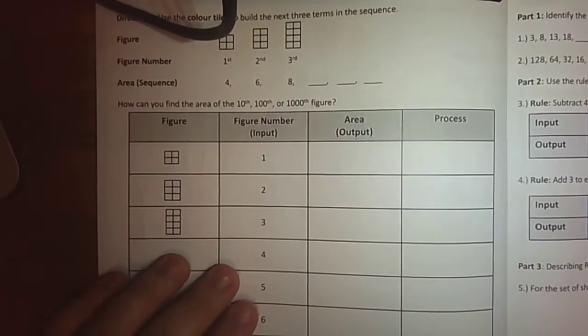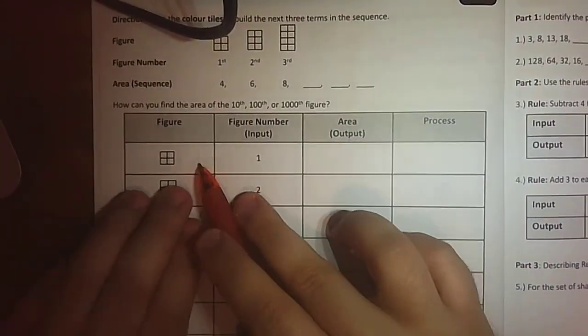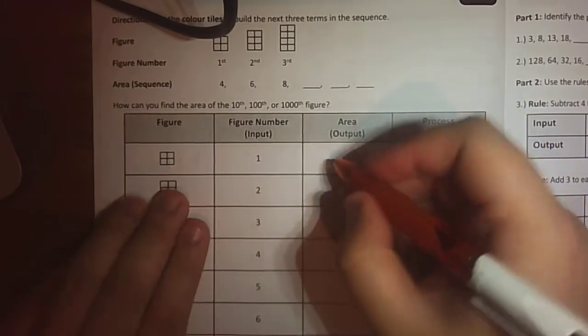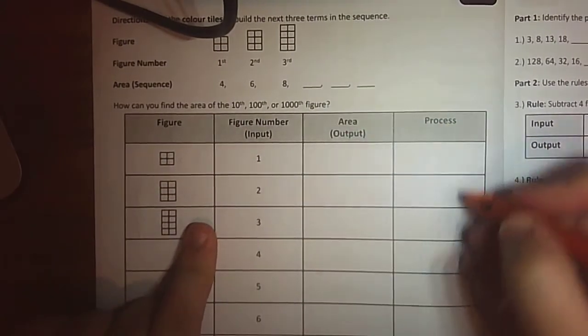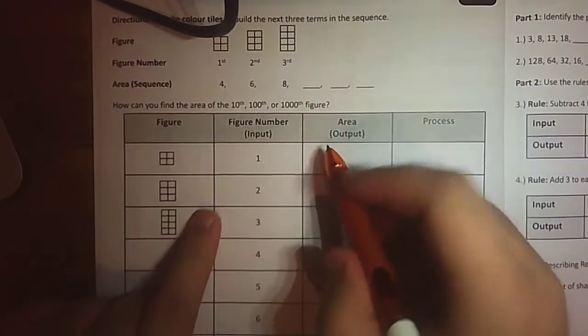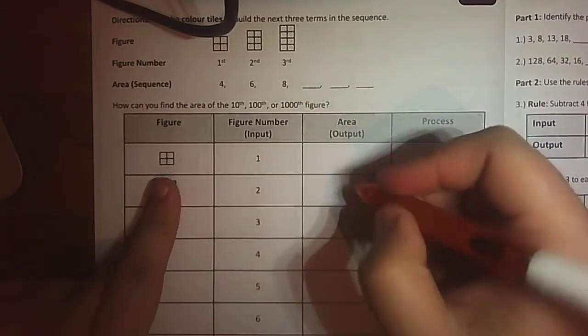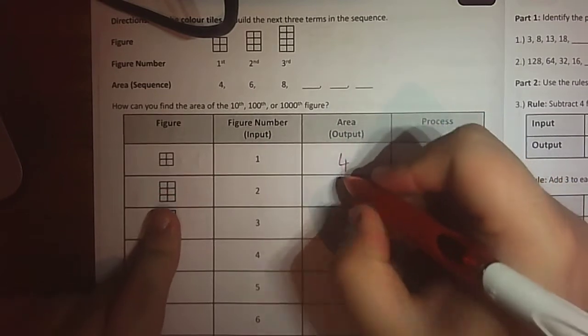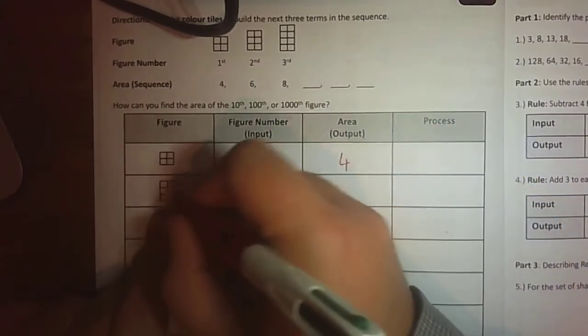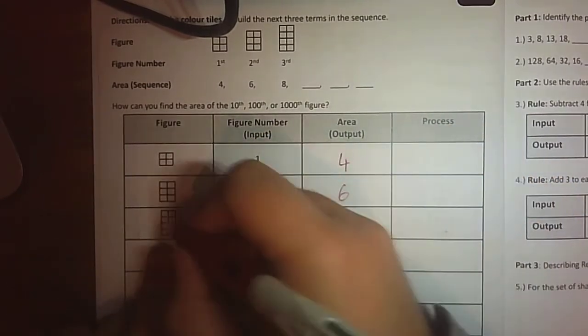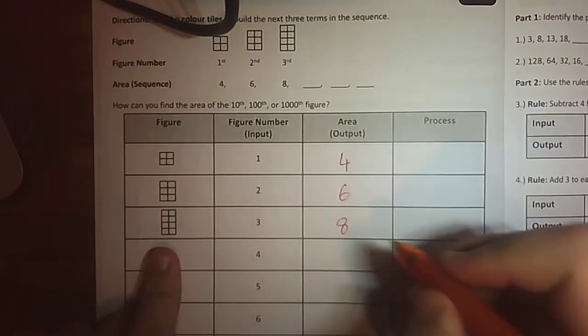I also think you should be able to do page 21 by yourself. Okay? I'll just give you a hint with page 21. If I was looking at this, I'm going to do the first read for you just to help you along. Okay, on page 21, I start with 4 figures, so the output is 4. Then there are 6 shapes there, so the output is 6, and then we have 8 shapes.